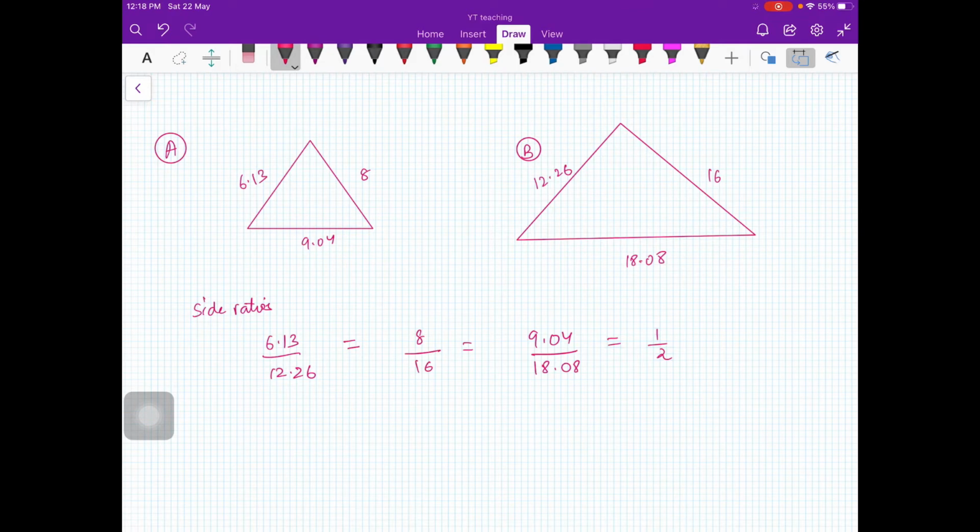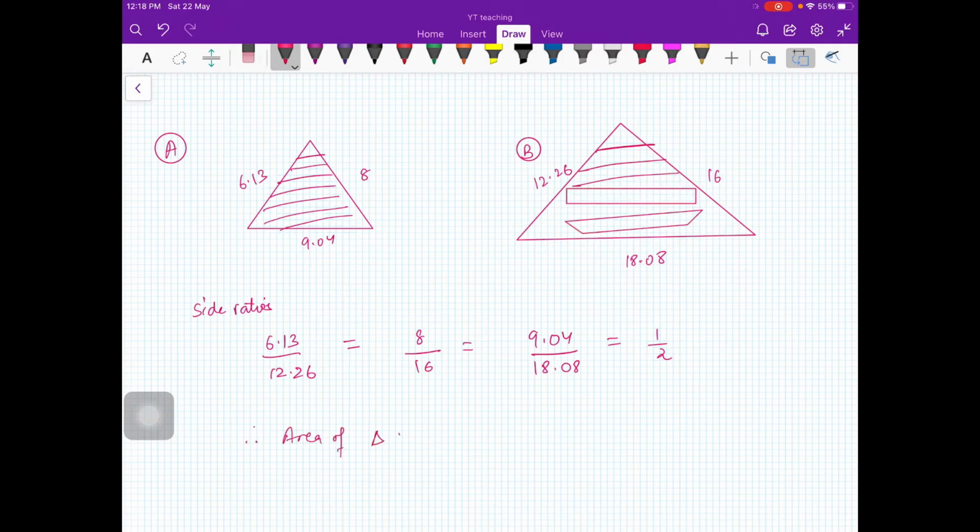So this triangle's sides are half of this triangle's sides. Therefore, area of triangle A is equal to 2 square times area of triangle B, the bigger one. Area of triangle B will be 2 square times area of triangle A.